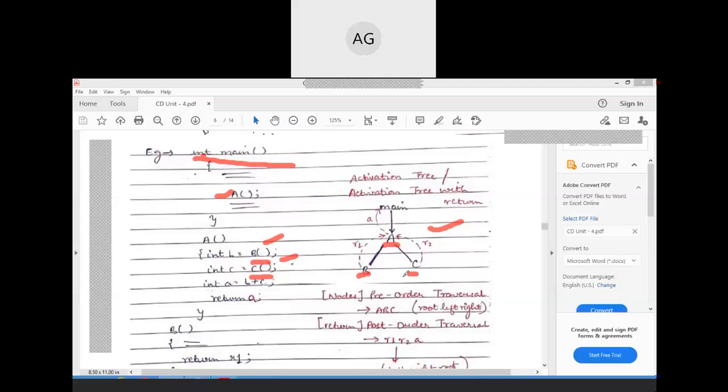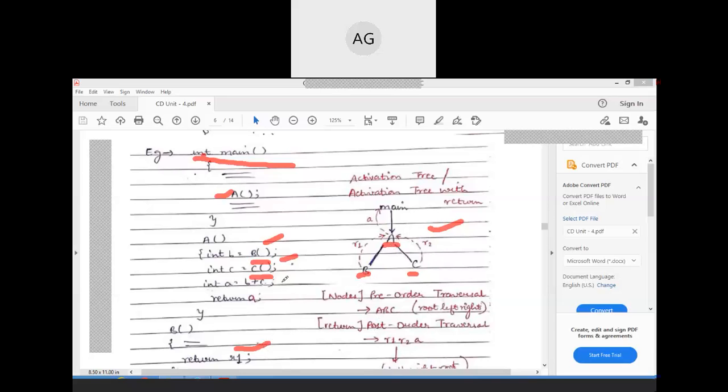From b, A is getting the value of r1, and from c, A is getting the value of r2, and after that A is going to calculate its value.